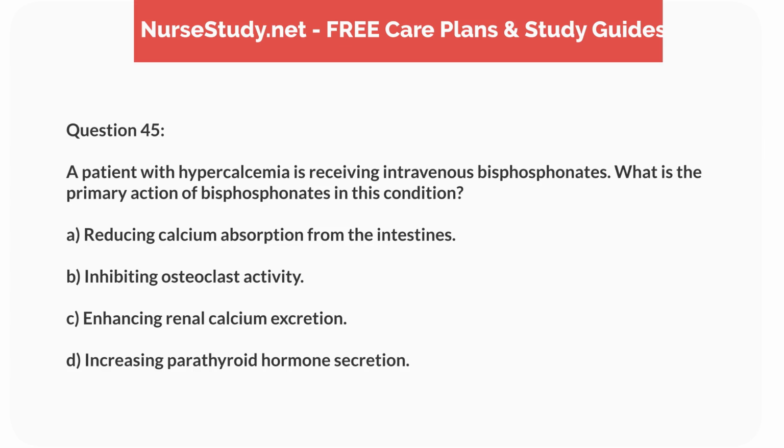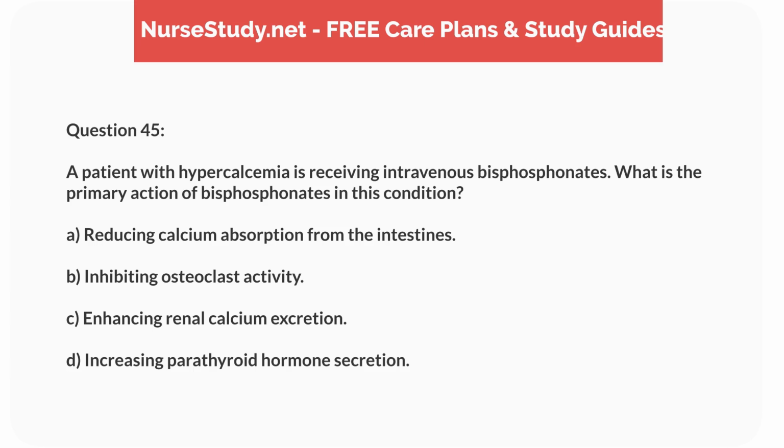Question 45. A patient with hypercalcemia is receiving intravenous bisphosphonates. What is the primary action of bisphosphonates in this condition? A. Reducing calcium absorption from the intestines. B. Inhibiting osteoclast activity. C. Enhancing renal calcium excretion.